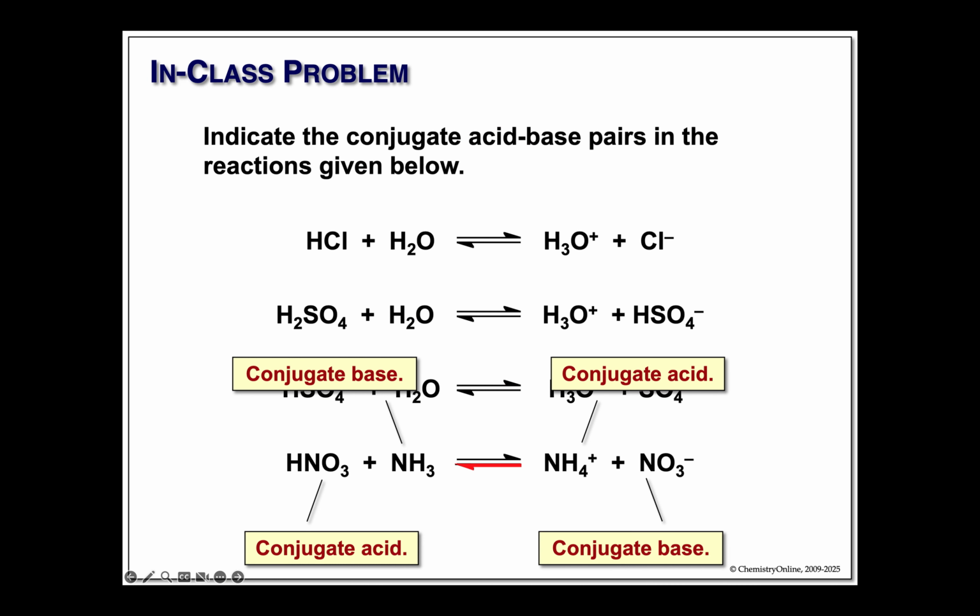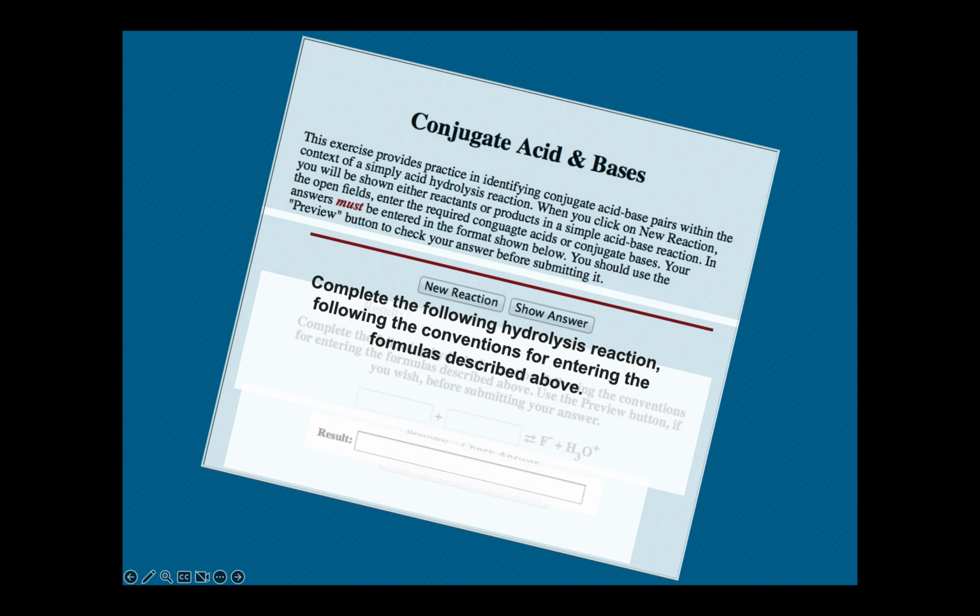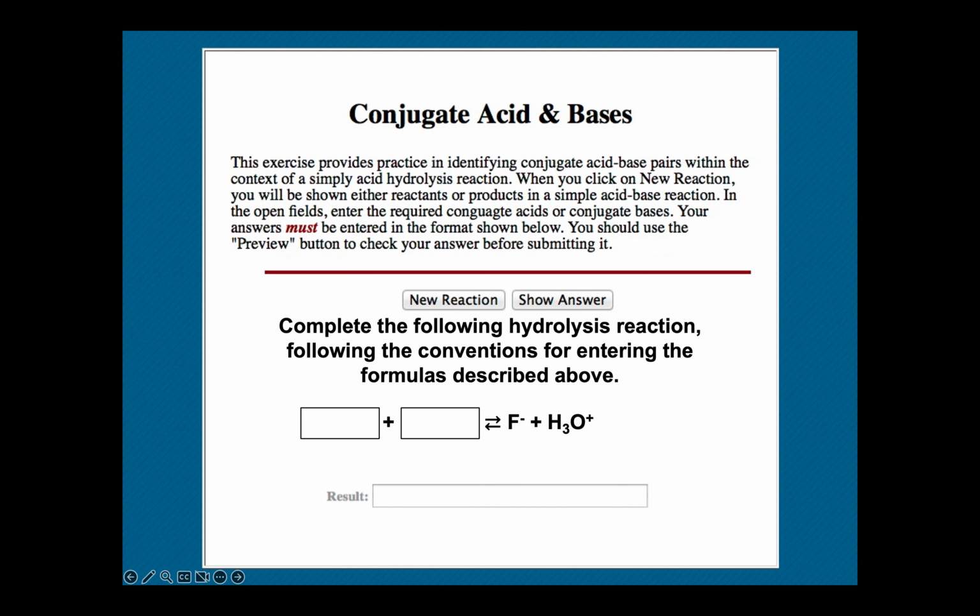Well, there's a tutorial for this. Conjugate acids and bases. Basically what you have are blanks that you type into. Follow the same order for the things. And what you're supposed to do is type in the conjugate acids and bases to complete the equation.